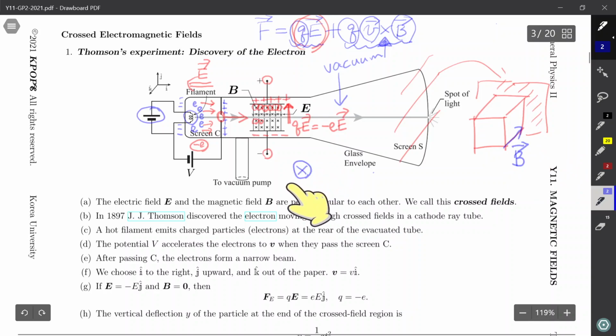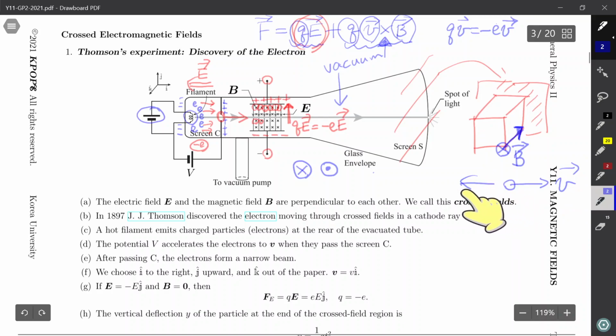Cross means entering into the paper, as opposed to coming out of the surface. And we have QV. QV equals minus EV. So V is along this direction, minus EV is along this direction.